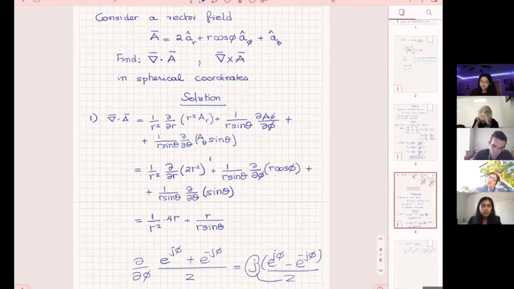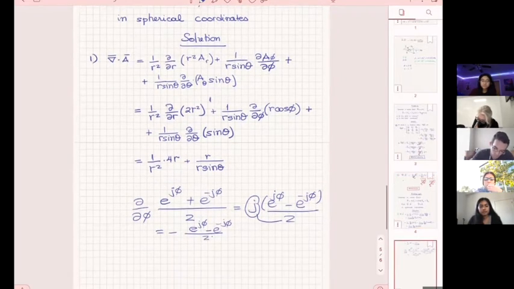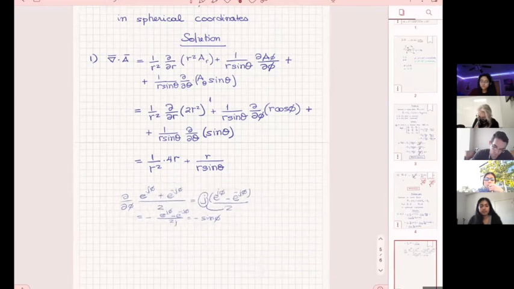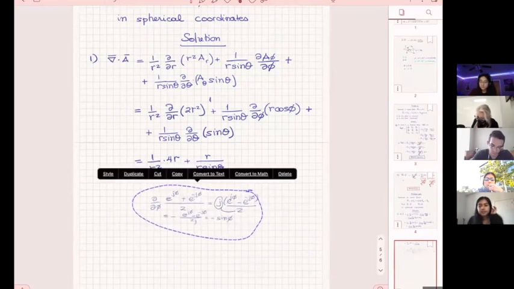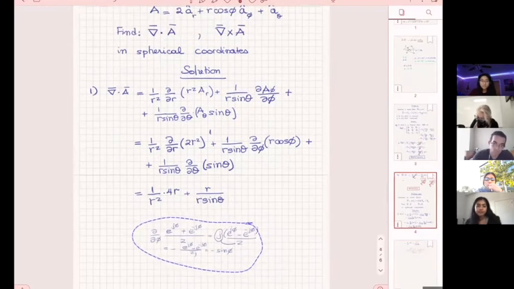And exactly what you said, e to the j phi minus e to the minus j phi over 2j, which is sine. Which is minus sine. All right, you remember that? Okay, just as a tiny note. So obviously this one is going to give a minus sine phi.